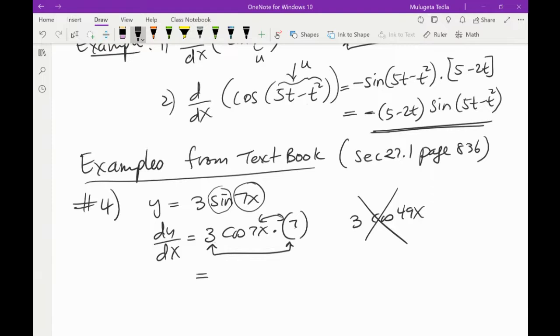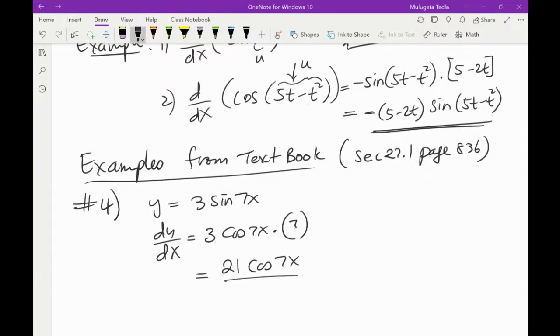I am warning you, because these are quite different. This is subjected to the cosine function. This is not. So you prefer to take this into the front as a multiplier, and you get 21 cos of 7x.